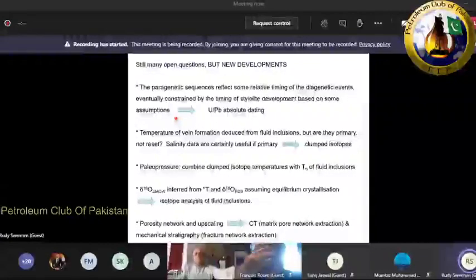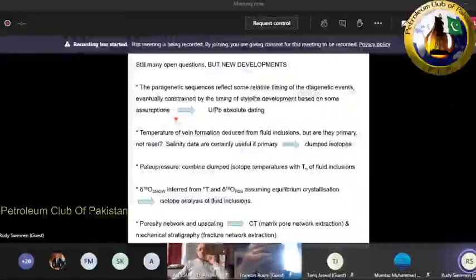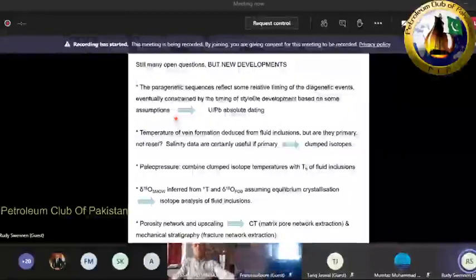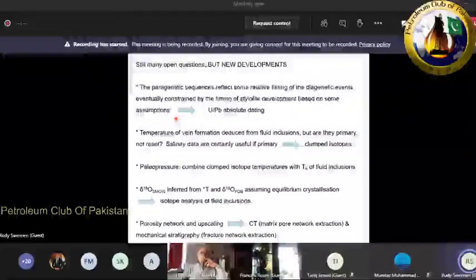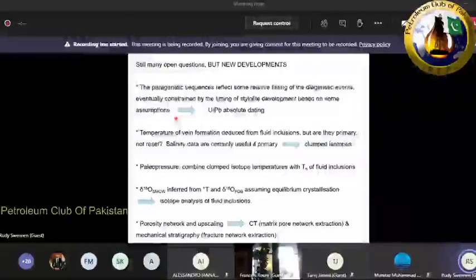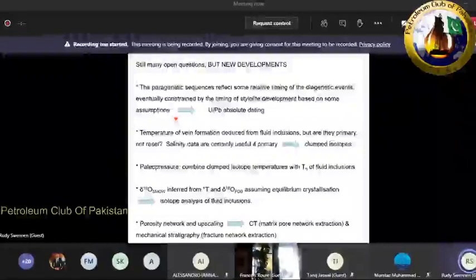Paleo pressure was very, very difficult to deduce before, but if you have the temperature of formation and the homogenization temperature of the fluid inclusions, those people who know something about fluid inclusions know that the homogenization temperature is the minimum temperature of formation, and there should be a pressure correction.